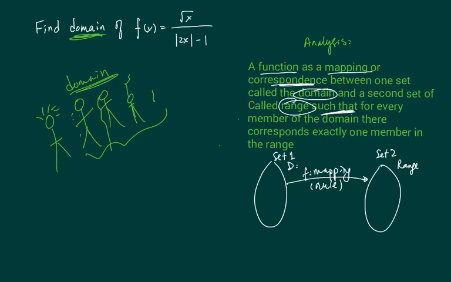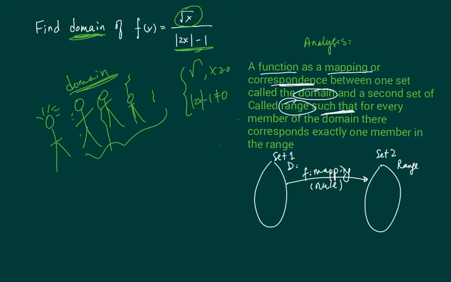For this particular problem, x has to be bigger than or equal to 0 because of the radical sign. I don't want anything negative in there. The second requirement is that since the absolute value of 2x minus 1 is in the denominator, I cannot have it equal to 0.